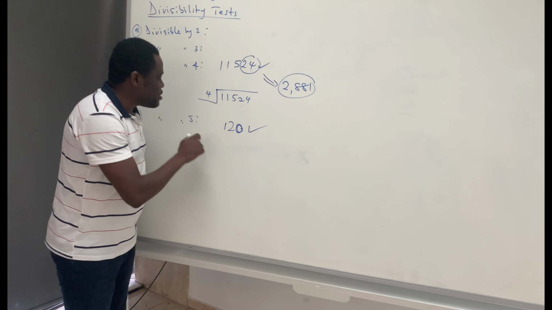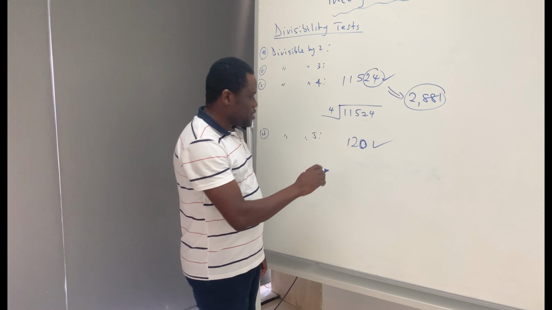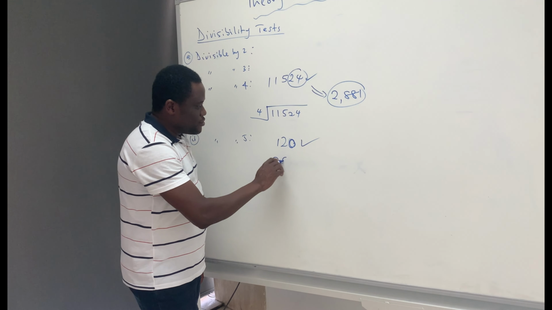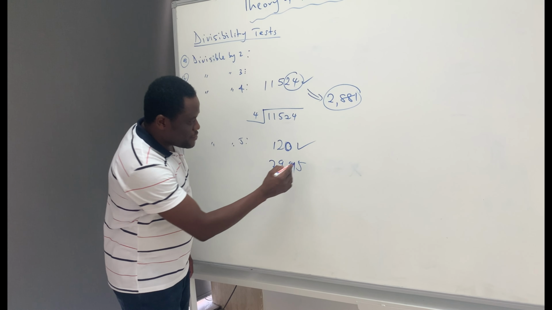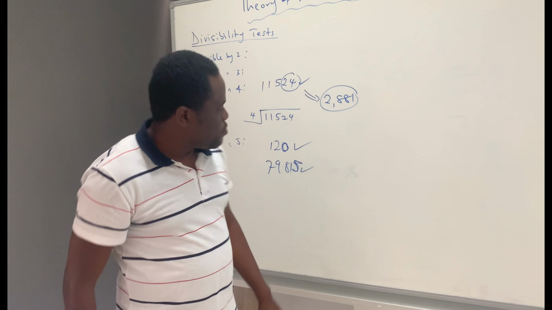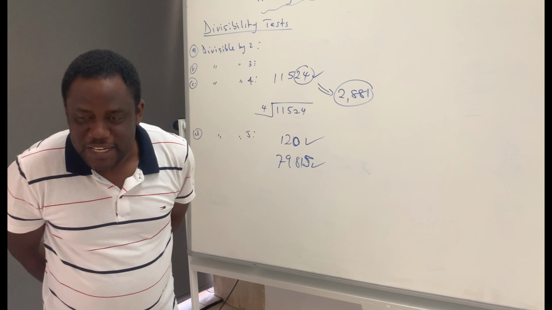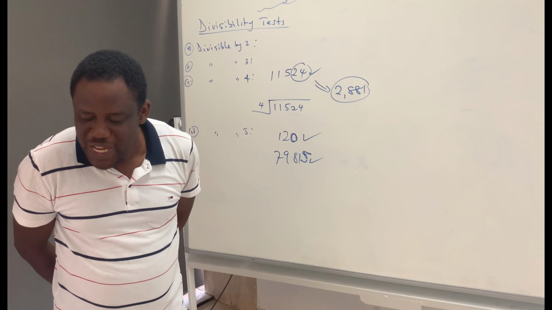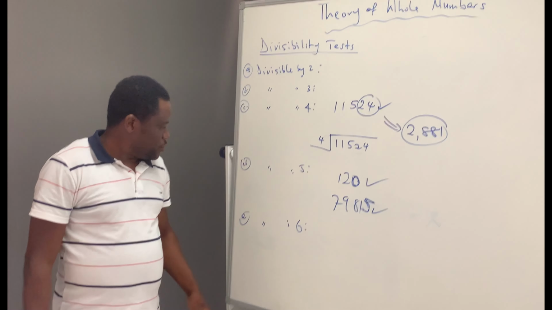Once 0 is the last number, it means that 5 can go. Another example is, let's say we have 79815. Since 5 is the last number, it means it's divisible by 5. But if 1 or 2 or 3 is the last number, it's not divisible. Divisible means no remainder. Okay?